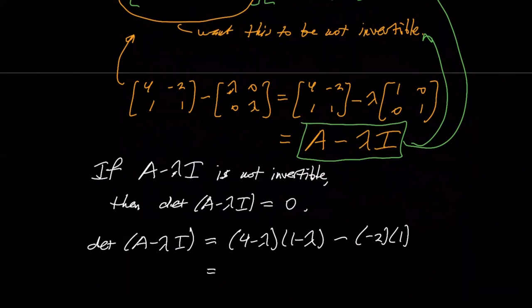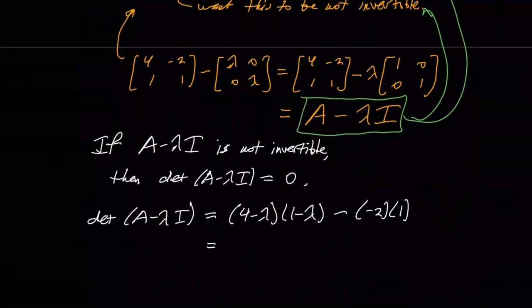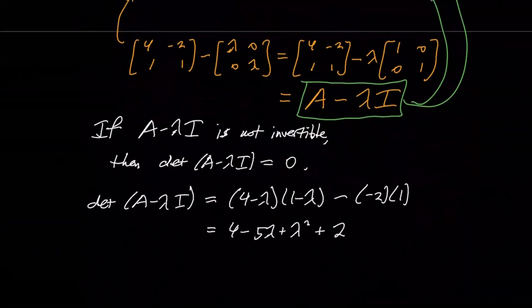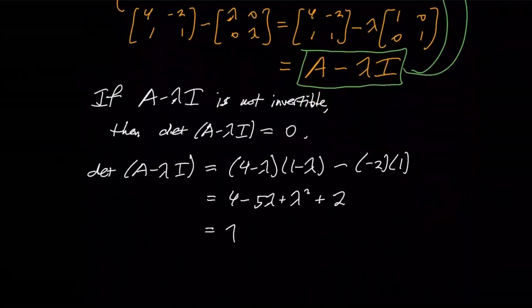We could FOIL this out, right? So we get 4 minus 5 lambda plus lambda squared, and then minus 2 times negative 1 is plus 2. So this is lambda squared minus 5 lambda plus 6. And we're setting that equal to 0.